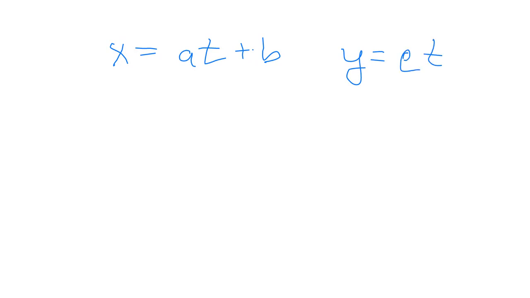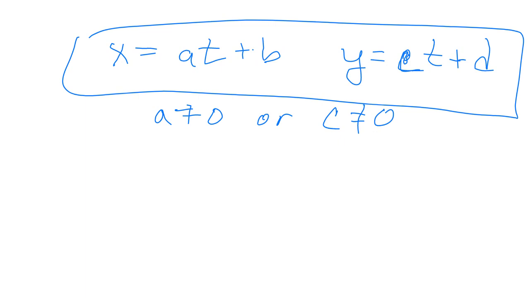In fact, we can do this in general. If x equals some constant a times t plus b, and y is defined parametrically as c times t plus d, where a, b, c, and d are constants, and either a is not equal to 0 or c is not equal to 0, one or the other, then this set of parametric equations forms a line.